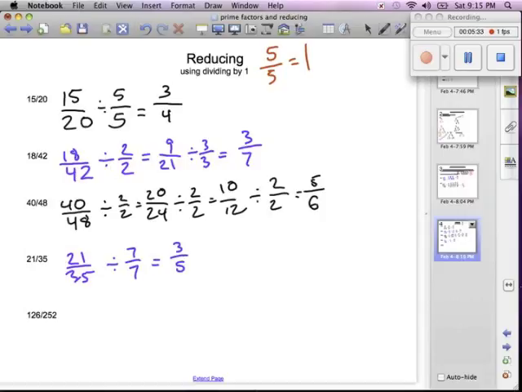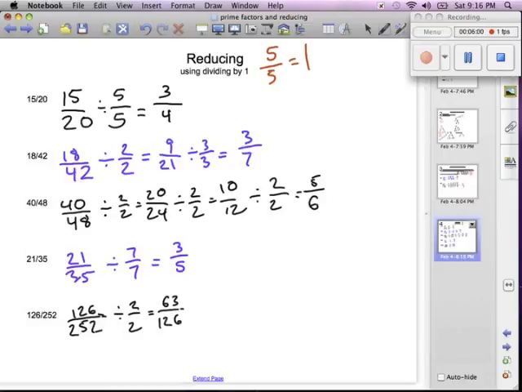Okay. Oh, there's that 126 over 252 from the other slide that I just know is a half, but don't know why. Well, what can we divide by? They're both even, so let's divide by 2. So we have 63 over 126.